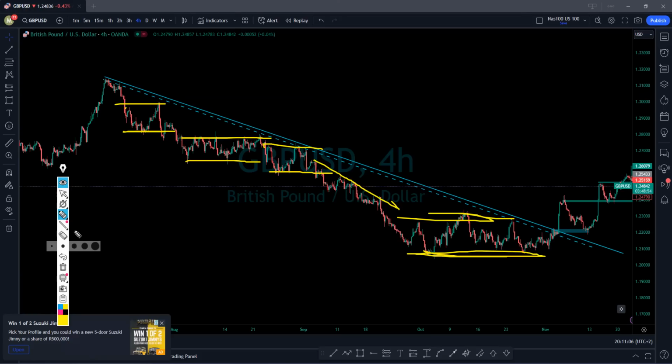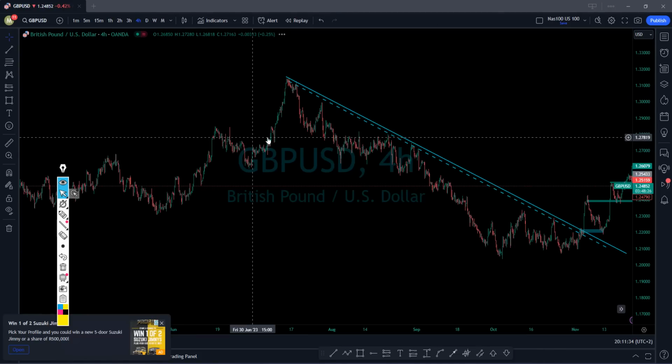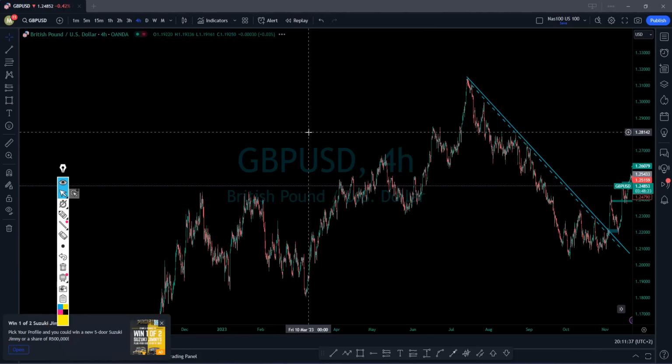If you just entered here, I don't see the reason why you should panic as long as the market is not breaking the resistance. You should panic only when you see the market trying to test our resistance or the support. Then you can say, hey, maybe the market wants to break that. But if the market is not playing around that, I don't see any reason why we don't make money on the trends, besides the entry or something.